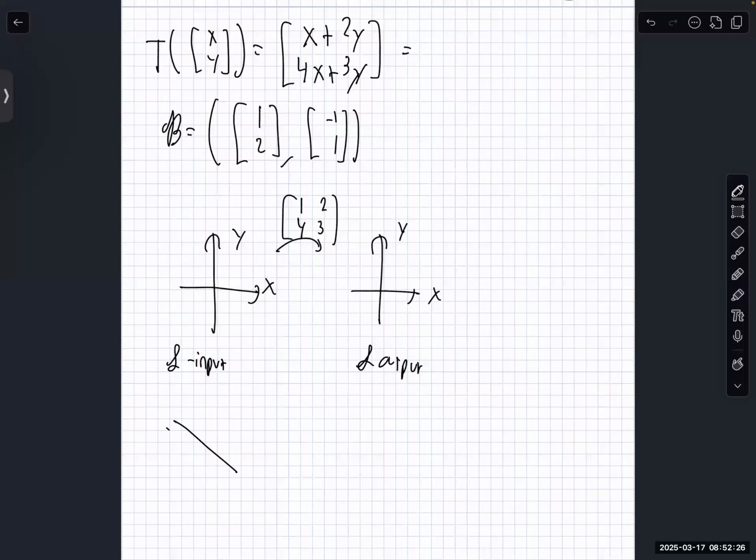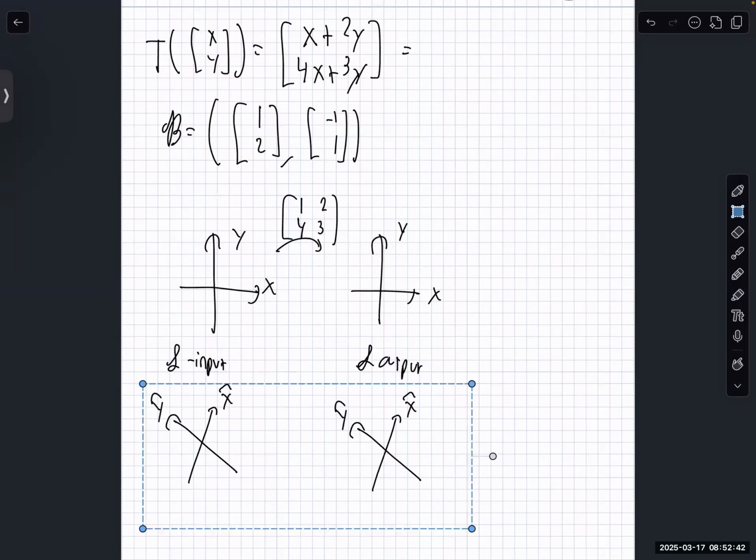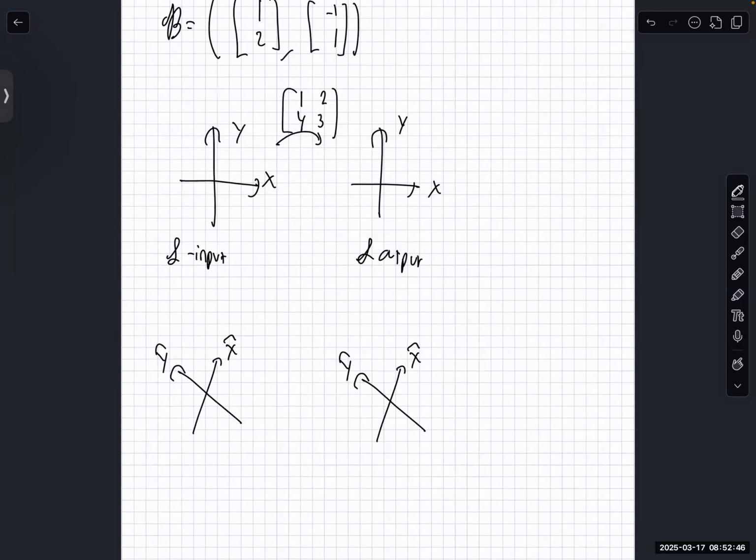So that's the y-axis, and then the x is like this. So down here, we're converting B input to B output, and we want to know what the matrix is.